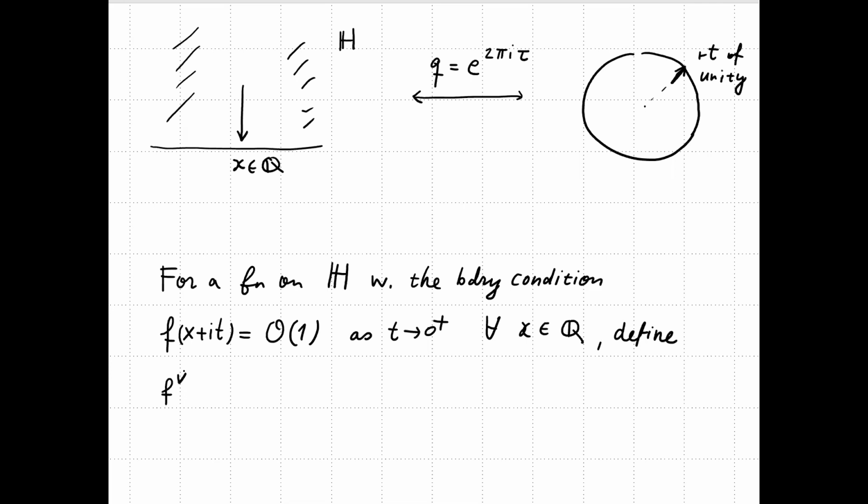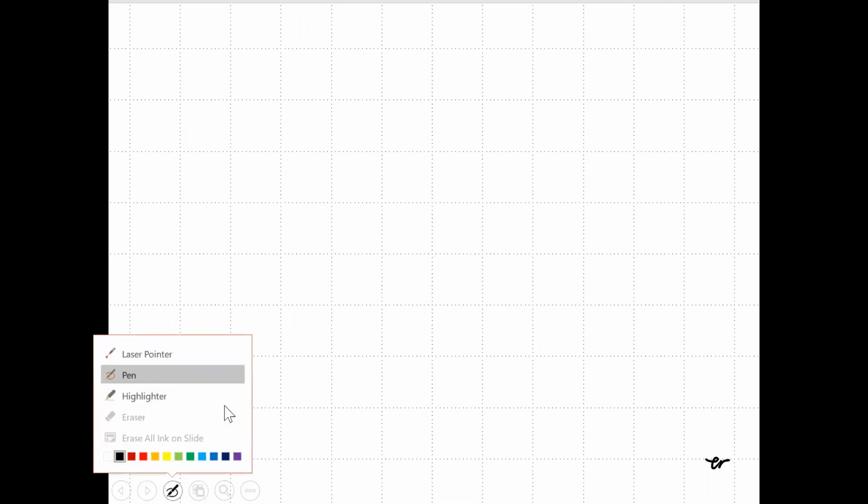I'll call it f check, by just taking the radial limit of the original function on the upper half plane, right? So in this way, from a function defined on the upper half plane, I naturally get a function that is defined on the rationals. So what kind of properties does this function on the rationals have?